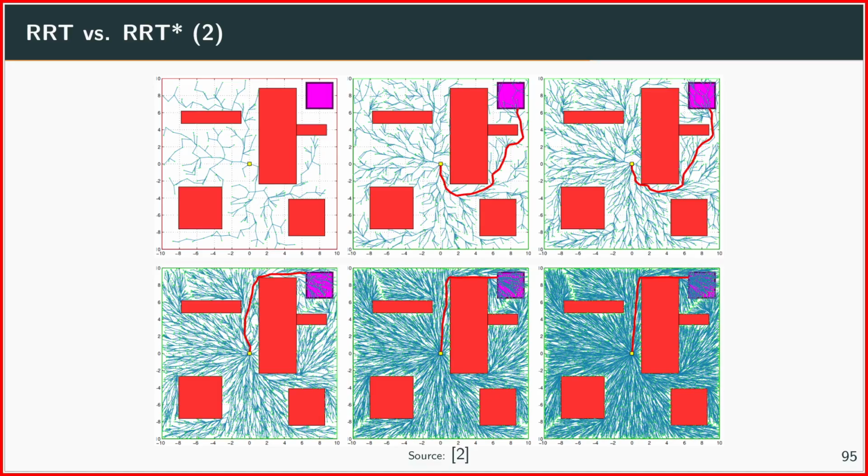Then when we grow and grow the tree, the solution is improved and improved until we get very close to the global optimal solution, which is to go up here and then directly to the goal region. This is a big difference between all other algorithms and RRT star, because it can make those big jumps.